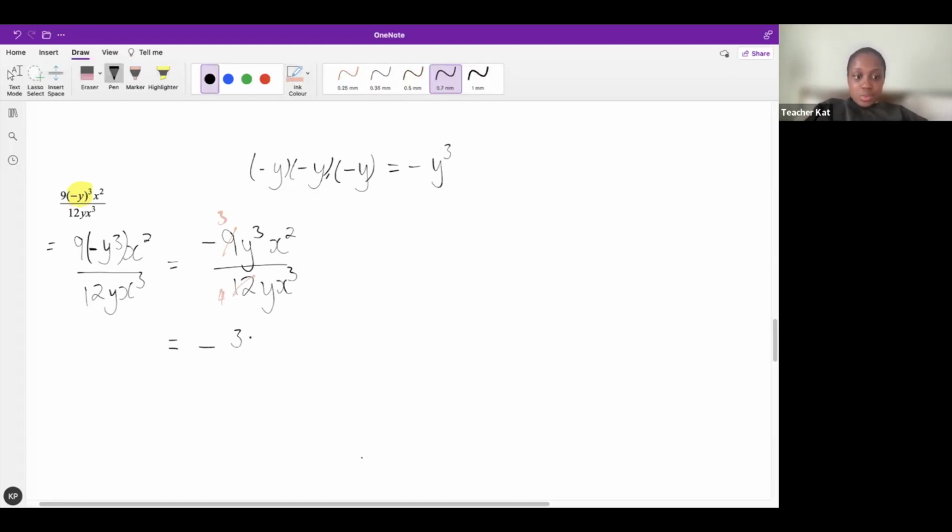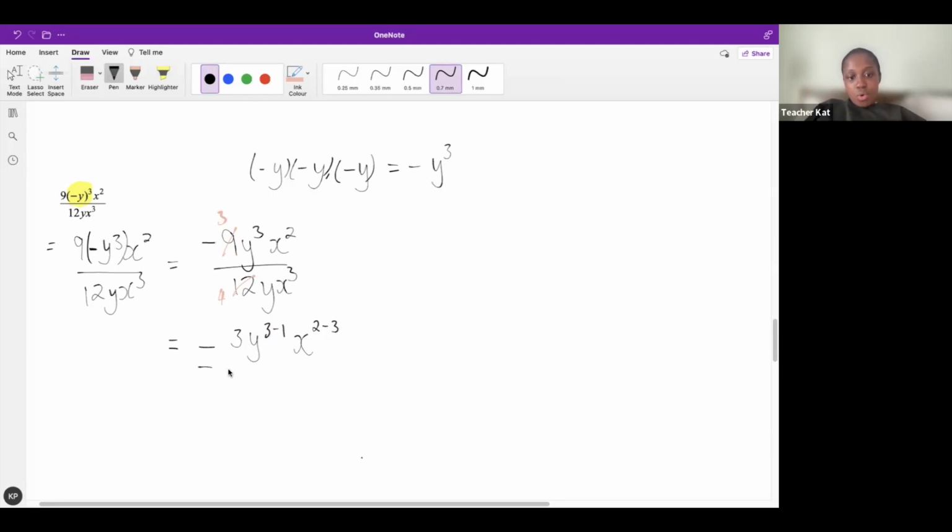So in my numerator, I have a 3. And then it's y to the power of what minus what? 3 minus 1. Then I just write 3. Isn't that convenient? Times x to the power of what minus what? 2 minus 3.